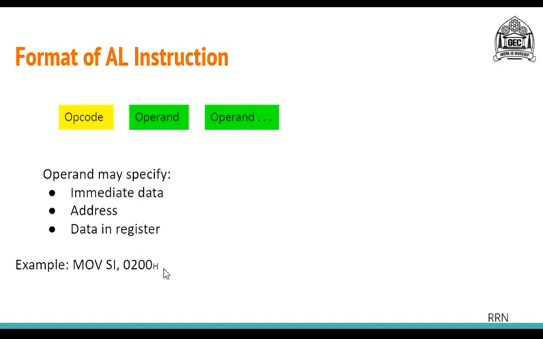And after the comma, the other operand states the data that is to be moved to the source index register. So over here your operand has specified the data in the register and the immediate data. So as you can see, this is a simple example just to tell you all how the operand can specify different types of data, that is immediate data, address, or the data in the register. So this is how the format of your assembly language instruction is structured.